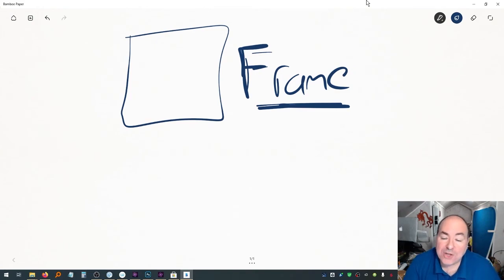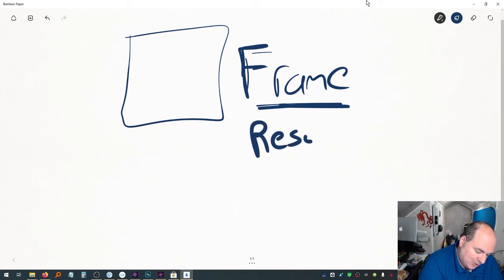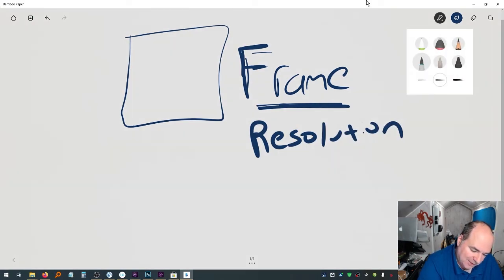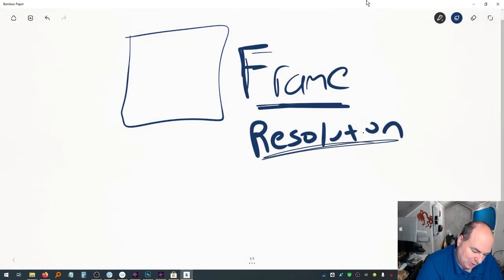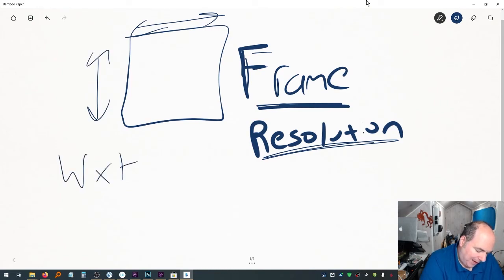And with digital, when we talk about a picture, we end up talking about the magic word known as resolution. Resolution is the number of pixels wide something is and the number of pixels tall something is. So width by height in pixels.